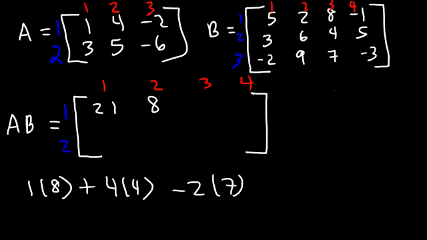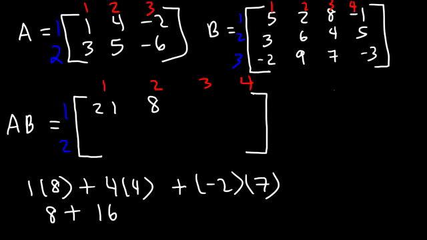Or you can write it as plus negative 2 times 7. So 1 times 8 is 8, 4 times 4 is 16, negative 2 times 7 is negative 14. Now 16 minus 14 is 2. 8 plus 2 is 10. So we get that answer.